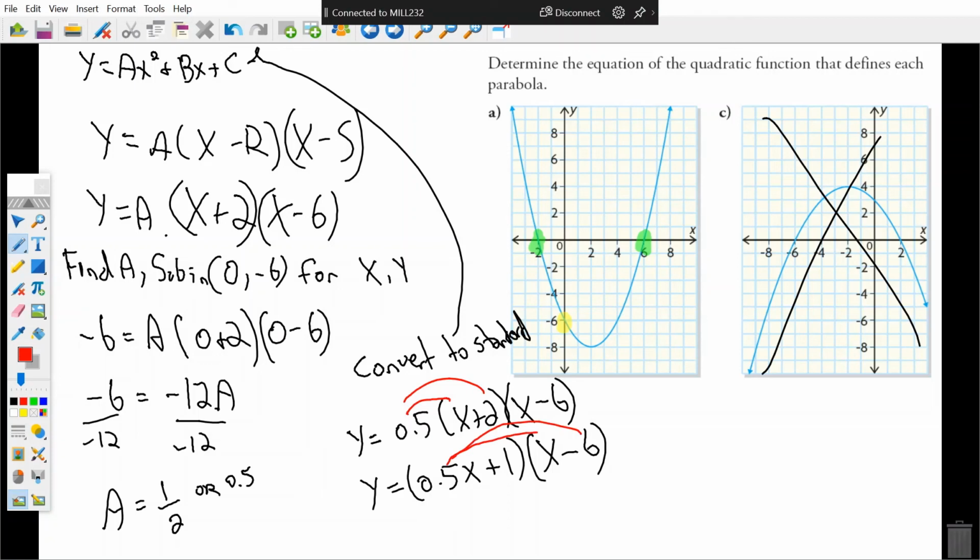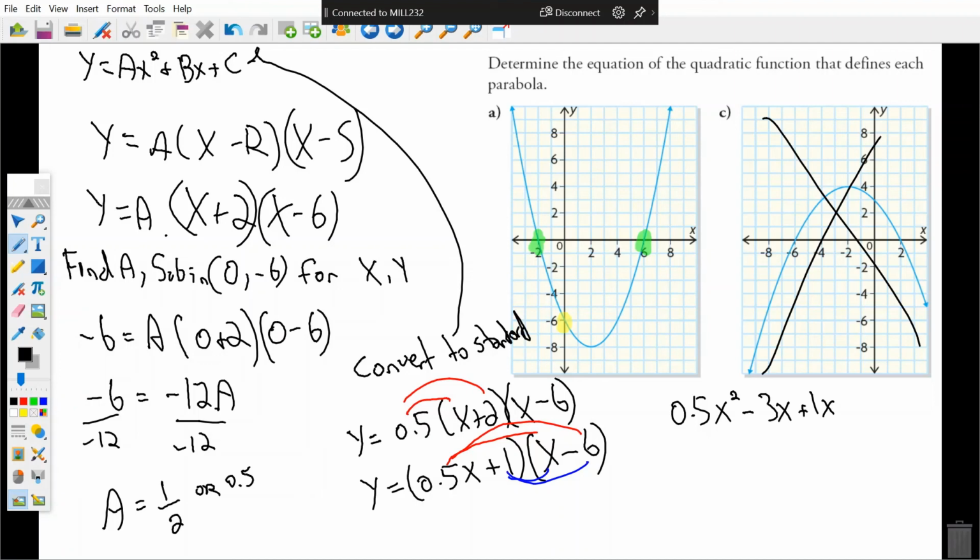Here, here. You probably don't need the lines anymore. We've done this enough, but put them in there anyways. 0.5x times x is 0.5x squared. 0.5x times -6 is -3x. 1 times x is 1x.